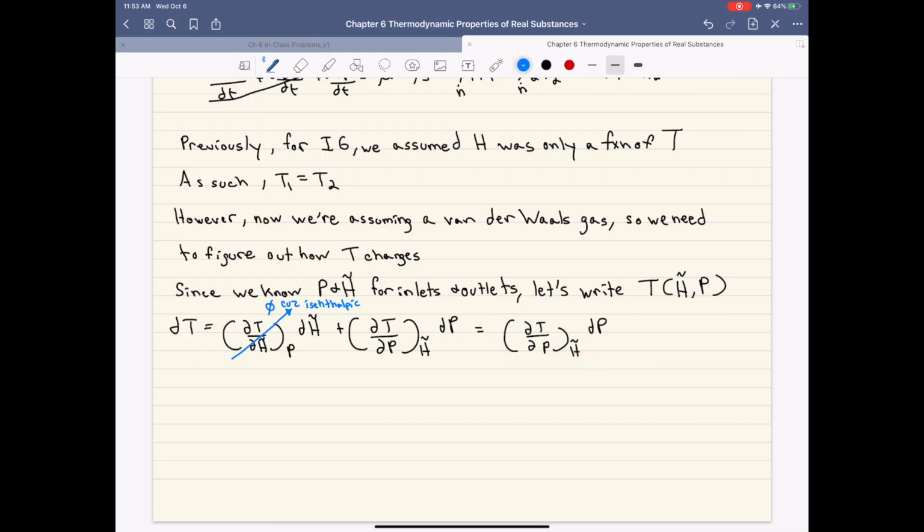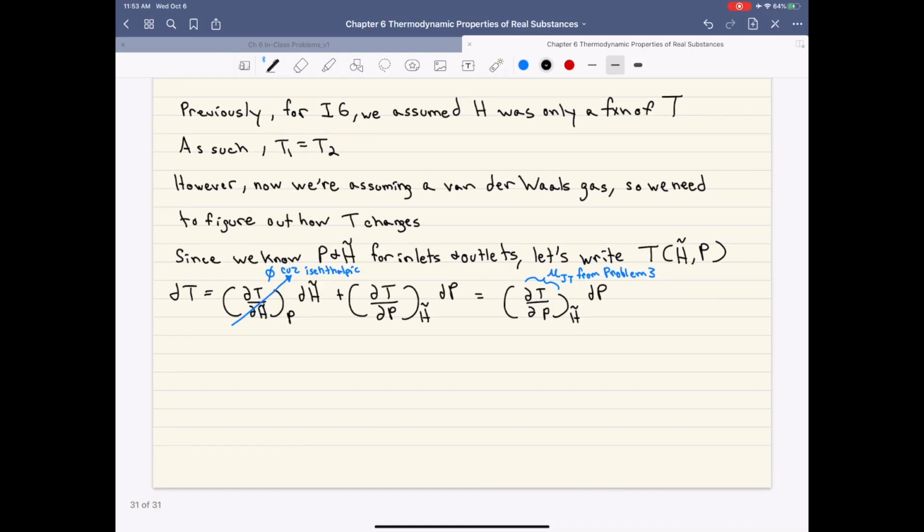Right? And in fact, we gave this partial derivative a special name. This was the Joule-Thomson coefficient. Okay? And so what we could do is take our result from problem 3 and just plug it directly into this partial derivative.